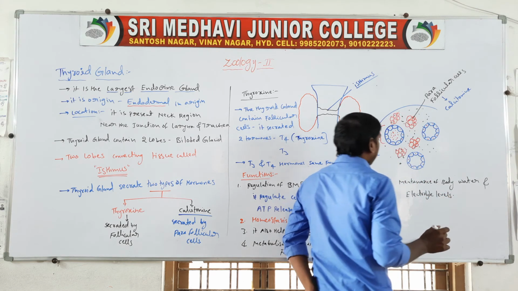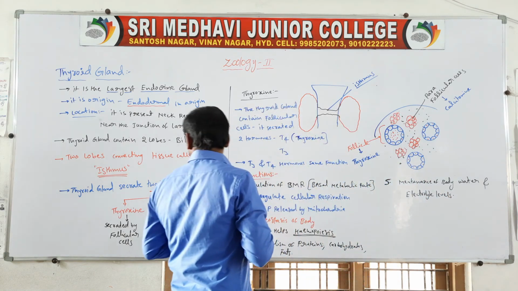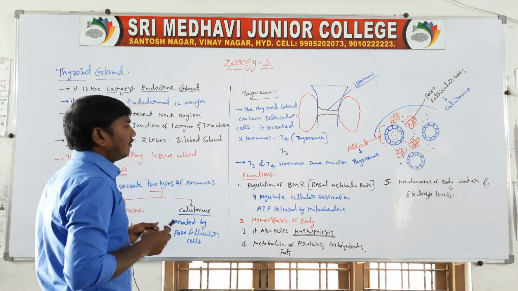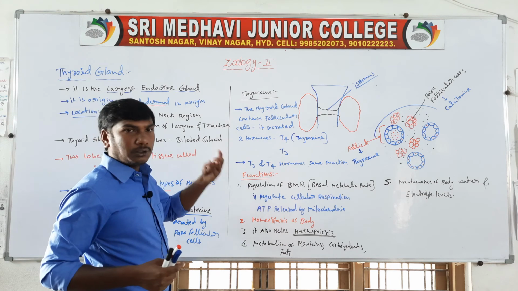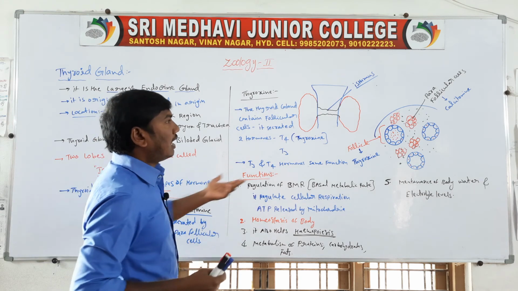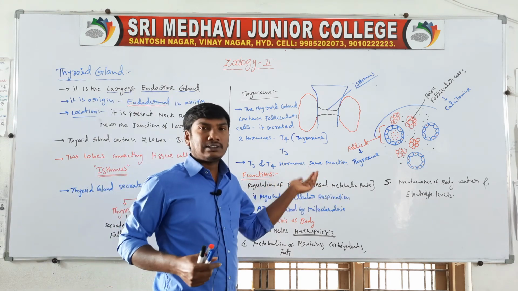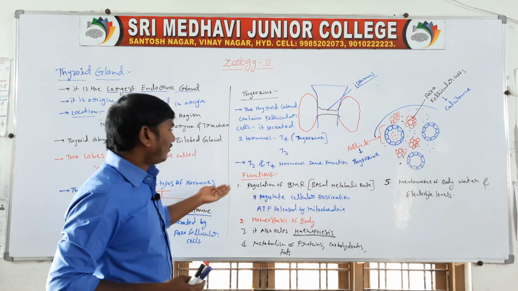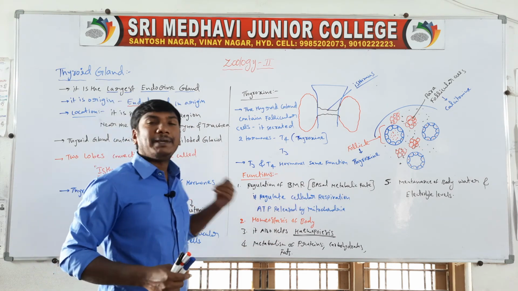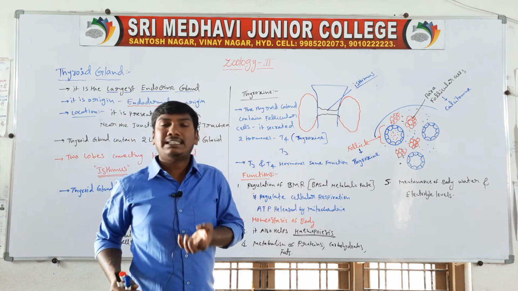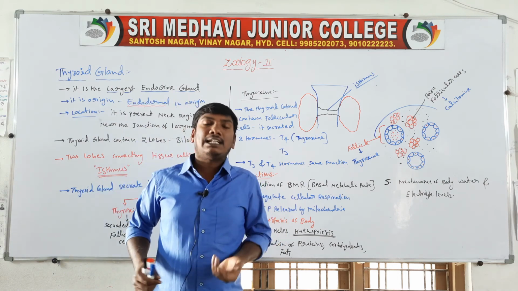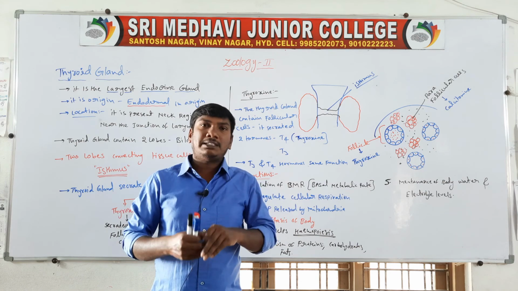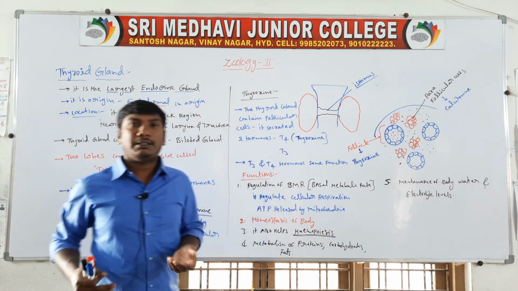So these are the thyroxine hormone functions. The thyroid gland releases two types of hormones, thyroxine and calcitonin. The thyroxine functions: first, increasing the basal metabolic rate, meaning increased cellular respiration, production of more ATP and more energy.